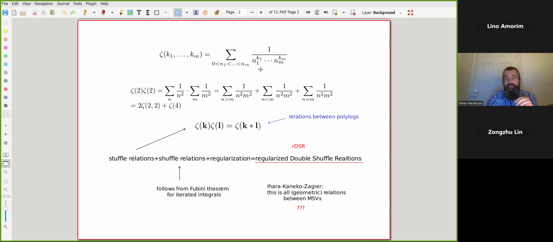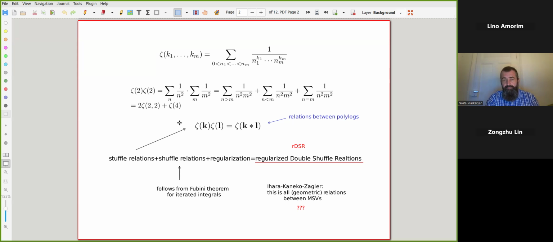It's a fact, obtained just by direct calculation of these iterated integrals, that the product of two multiple zeta values is again a combination of multiple zeta values. The simplest example is like this: we multiply zeta of 2 by zeta of 2, multiply these series, and then rearrange them in this way. We have three summands here, and we get this result.